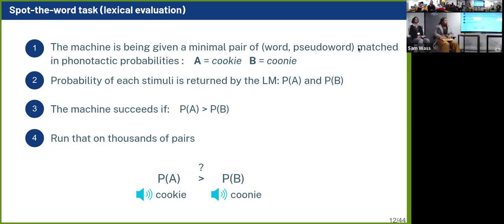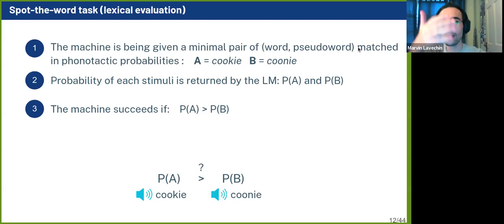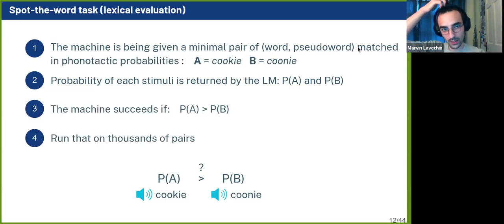But basically, this requires learning long-term dependencies or medium-term dependencies. It's longer-term dependencies than in the phonetic evaluation.